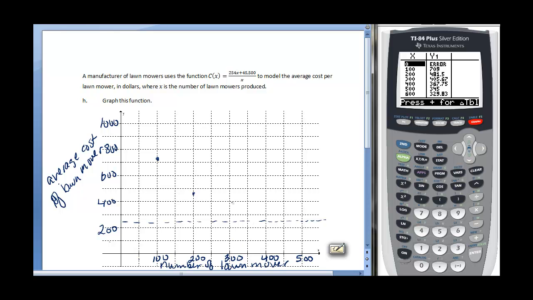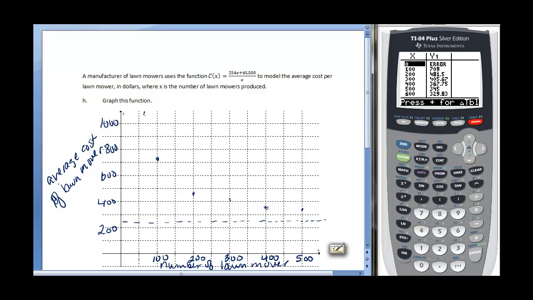And 405 at 300, there's 400, maybe about there. At 400, I have 367. So here's 367, maybe about there. 500, 345.